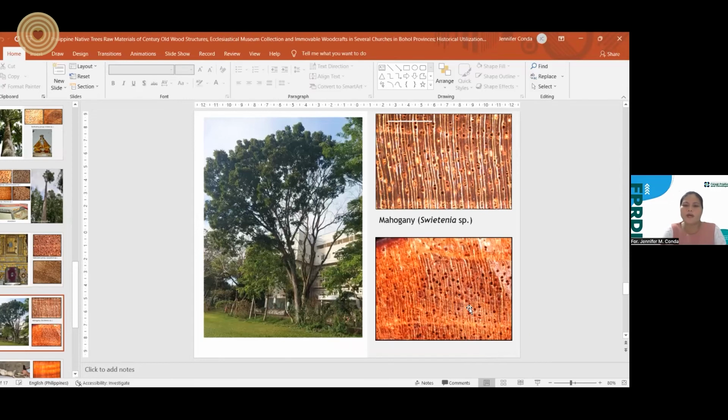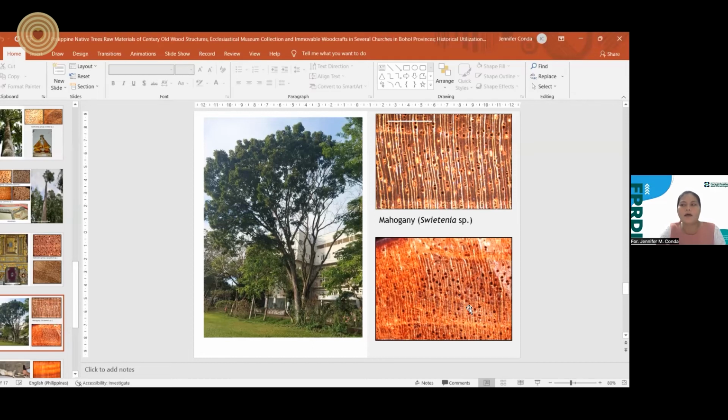Okay, so we have also observed Swietenia species, the mahogany, in some of the pulpits. When we talked with the curator, we were wondering why they are using mahogany, or whether that is the original material used in making the structures.